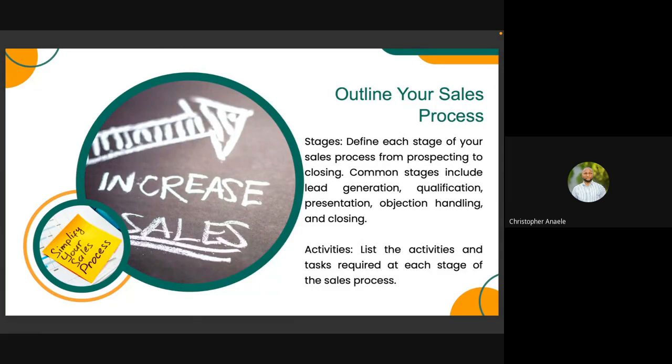Another thing I'll add that I didn't add to this is you also want to outline exit criteria for each of those stages, right? What is the thing that can happen for you to go from qualification to presentation? What is the thing that can happen for you to go from presentation to then call for your prospect to ask you questions, right, in terms of raising objections?